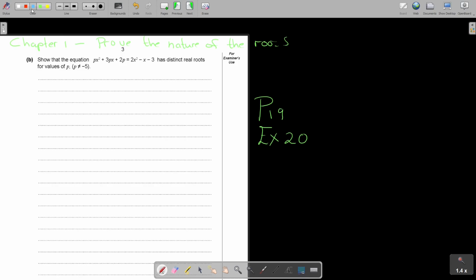And this is where they said that a lot of you are sometimes struggling with this rewriting. I'm first going to rewrite it as it stands there because it's sometimes with the bringing over that you make mistakes. Okay, the second step, I will now take everything to one side because it's quadratic.